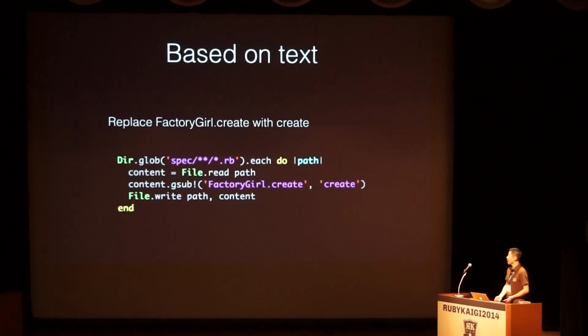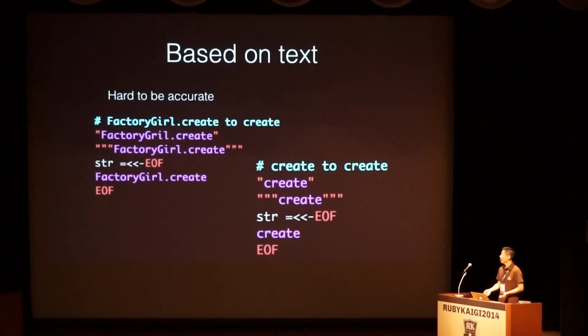We can also do that by writing Ruby code. Here is the Ruby code that will scan all the files in the spec directory. We read the files one by one and replace all the string FactoryGirl.create with create, then write back to the file. But it's hard to be accurate.